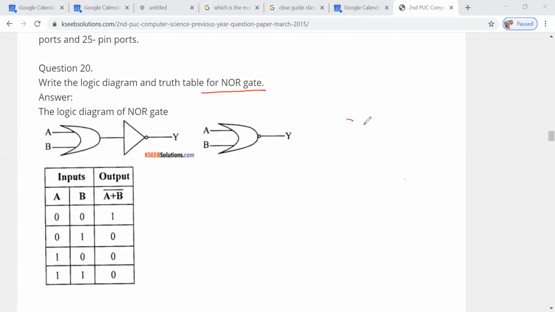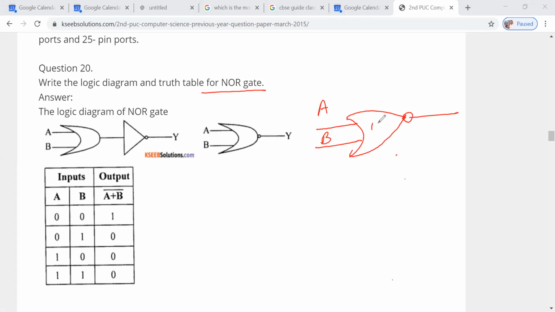OR gate we know. How do you draw an OR gate? The OR gate is like this. NOR means put one small circle like thing here. That's called the NOR gate. So what is this NOR gate? It is the complement of A plus B.